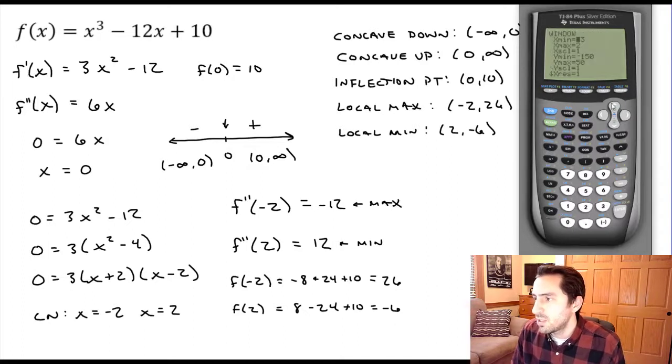And now I do want to double check my window. We know we have a local maximum at negative 2 and a local minimum at positive 2, so I want to make sure I get those in there. Our inflection point's at 0, so that's within that range as well. So I'm going to go a little bit to the left of negative 2, a little bit to the right of positive 2.